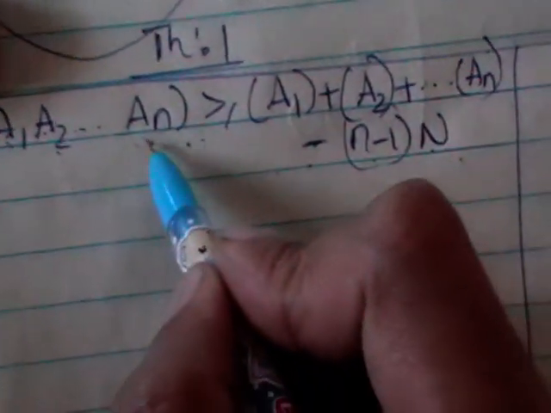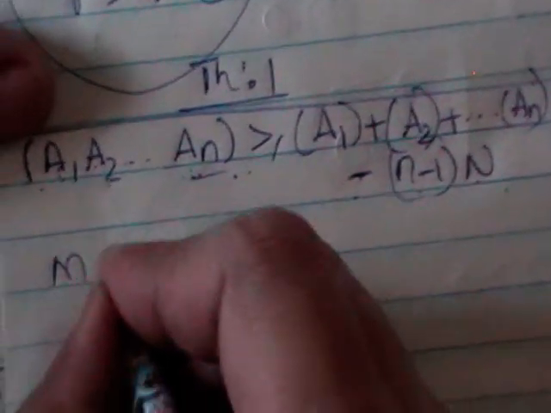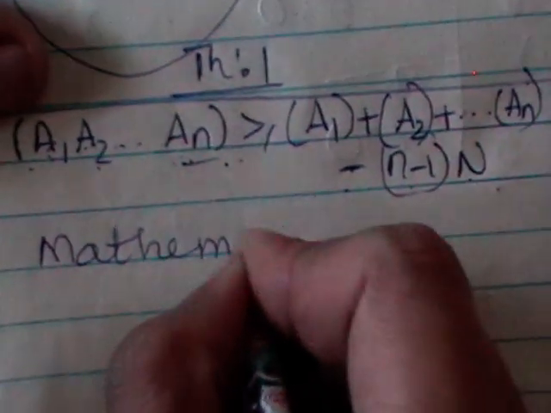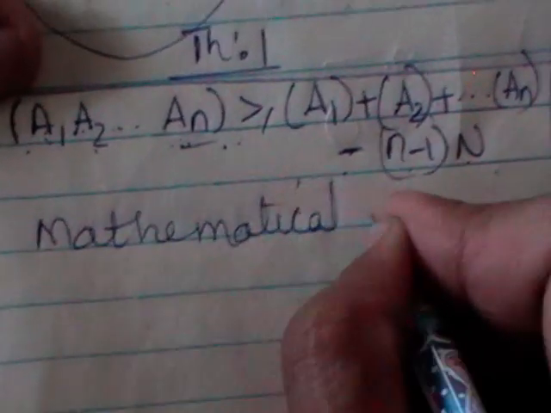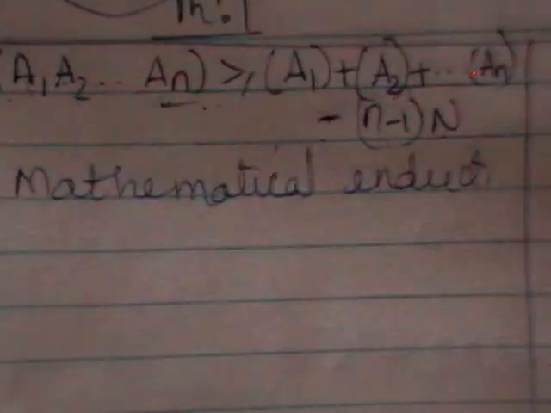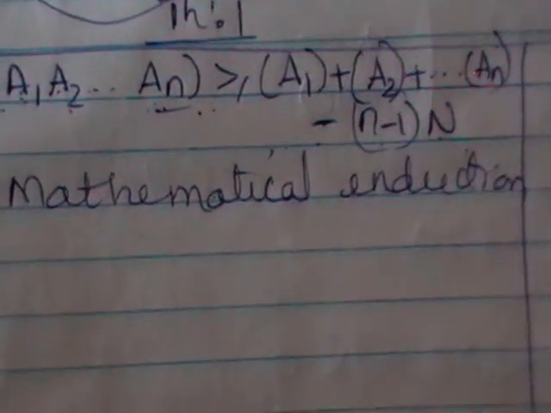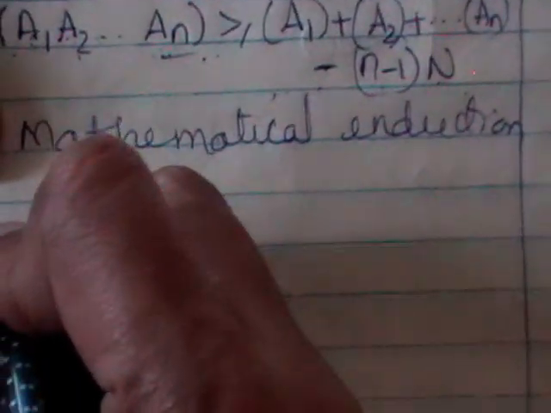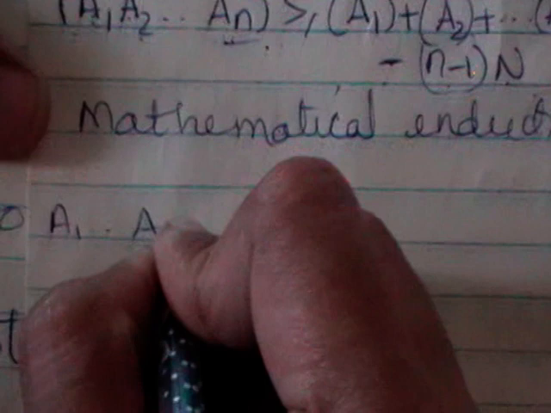Before that, as it involves n events, we are going to use mathematical induction. How do you prove by mathematical induction? We did this for many theorems in first semester.